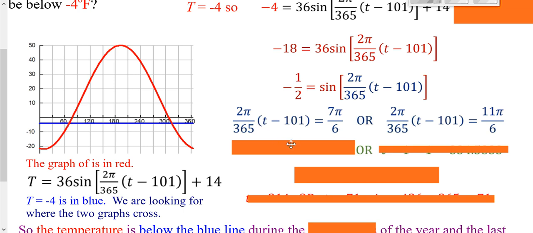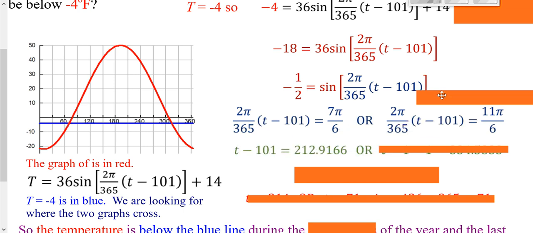So first of all, I'm going to start out by doing some decimal approximations. I'm going to get rid of this by multiplying both sides by 365 and dividing both sides by 2 pi. So if I take this times 365 divided by 2 pi, I get about this.